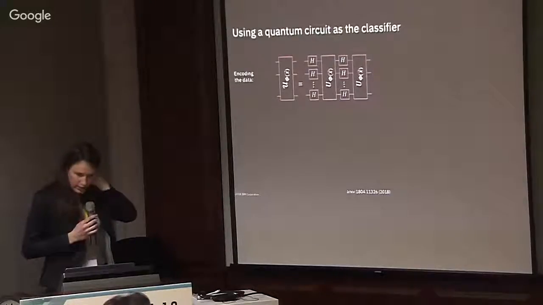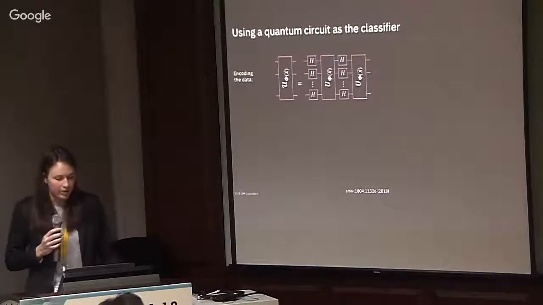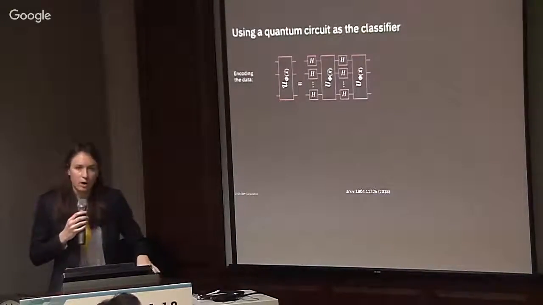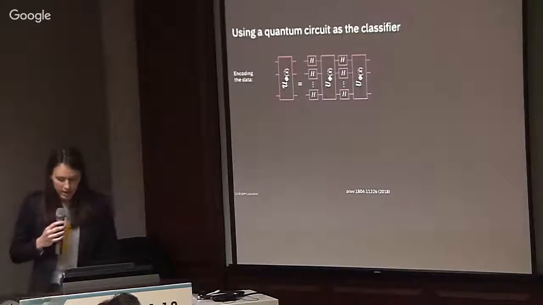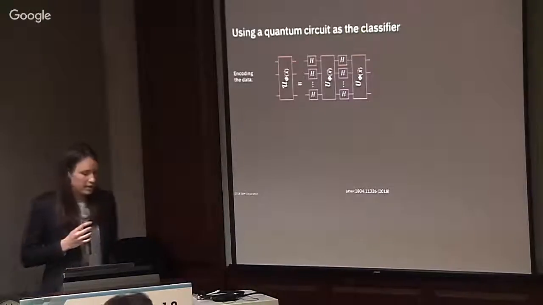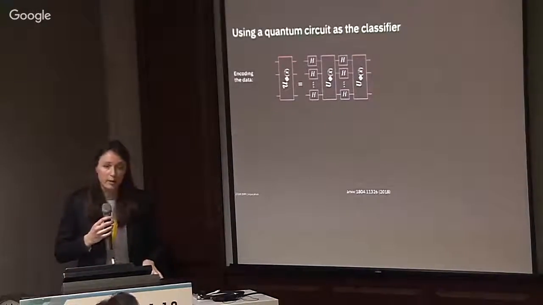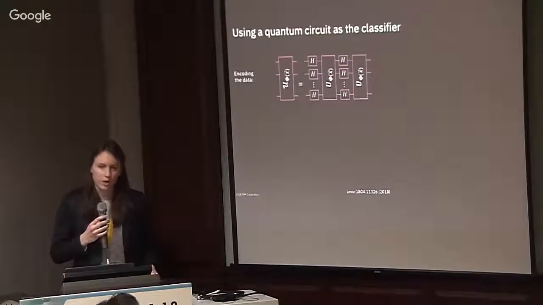Another way that you can do this is by actually building a quantum circuit that acts as the classifier itself. This is in the same vein as what we do with chemistry and with the variational quantum eigensolver.